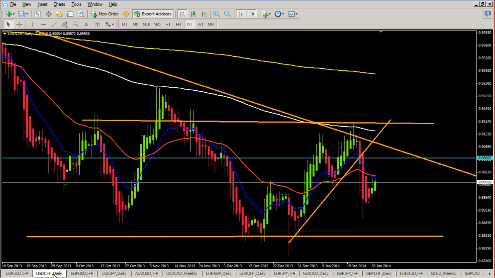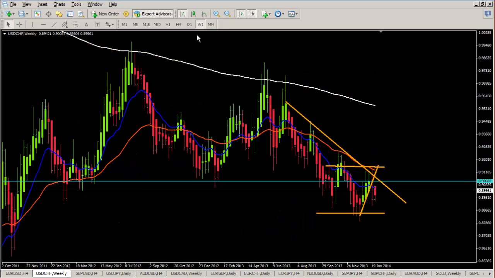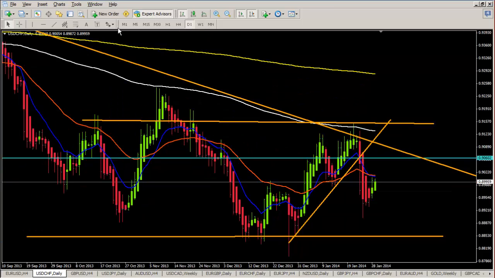USD CHF, as we said yesterday, we look for this retracement, this 1 2 3. It's in making. Weekly chart still pointing down, so that will be interesting to see. You see, you don't have a clean trend on the daily chart.